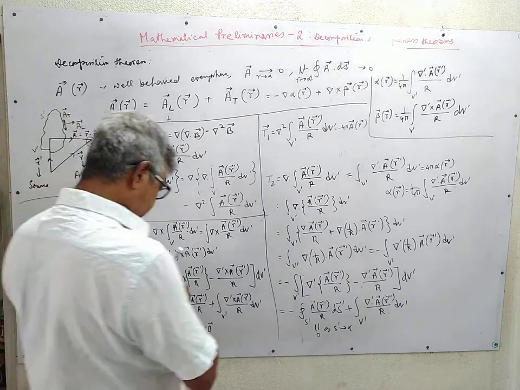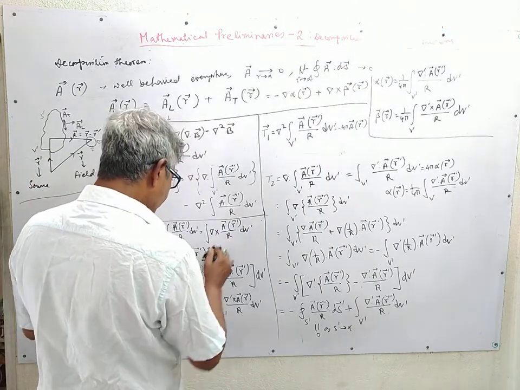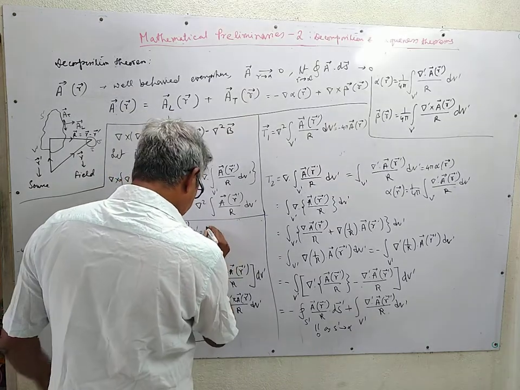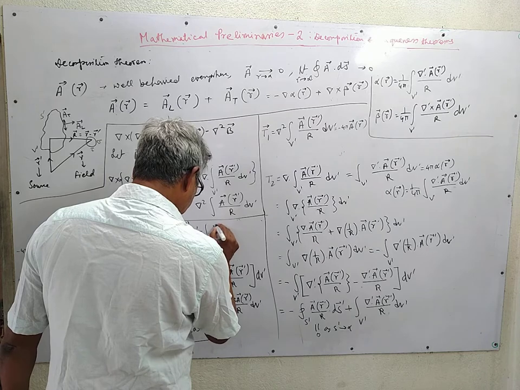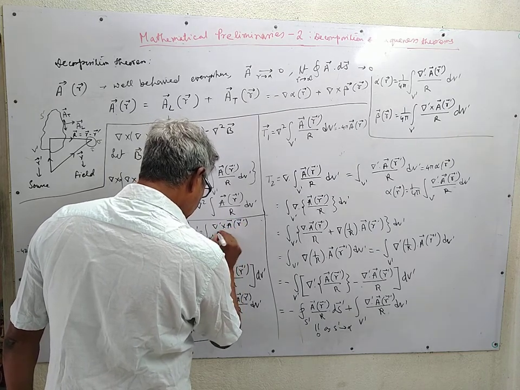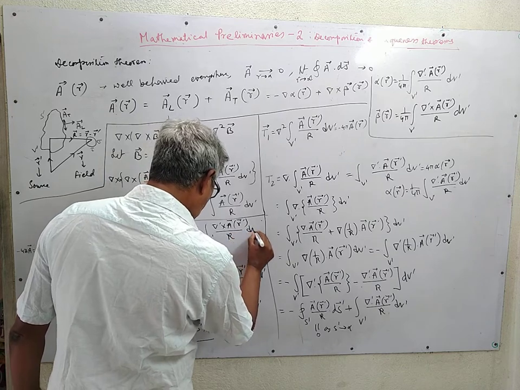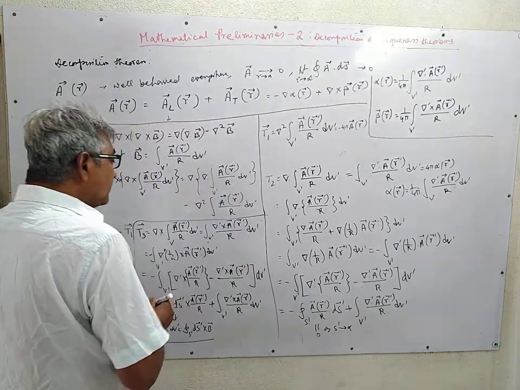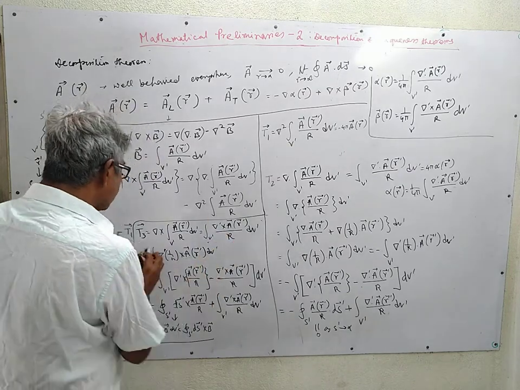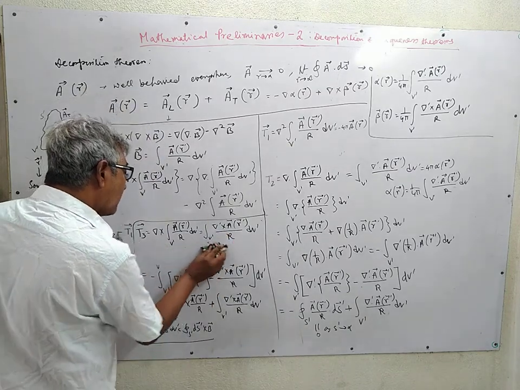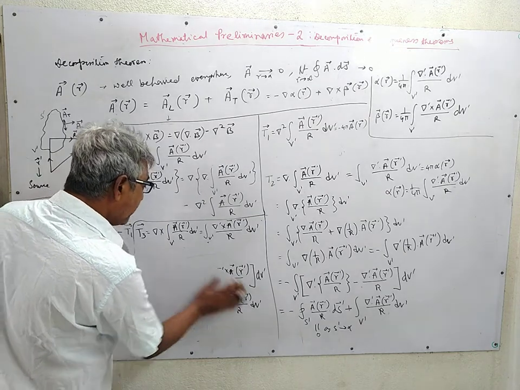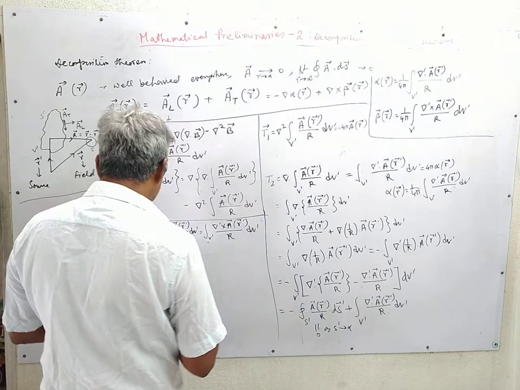So this is upon integration, the quantity is a vector quantity which is a function of r only, and we call it 4 pi beta of r.